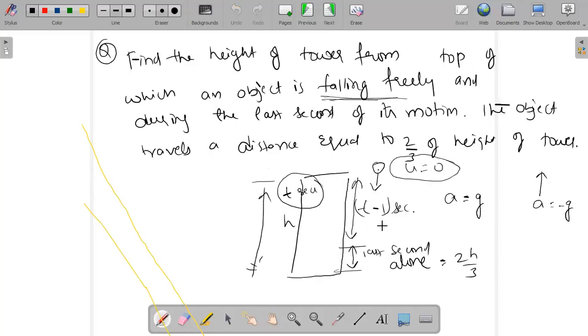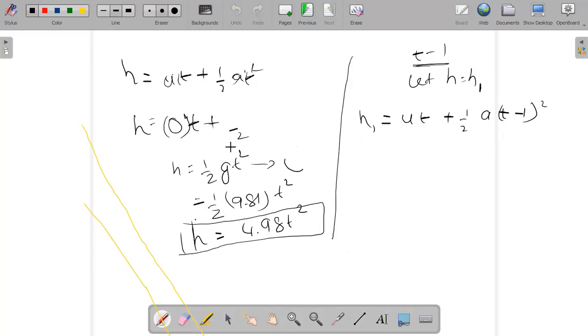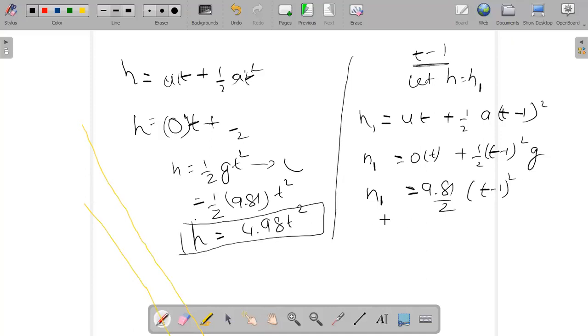Here also the initial velocity is 0, so 0 into t plus half into t minus 1 the whole square, where a is g. Therefore h1 is 9.81 divided by 2 times t minus 1 the whole square, that is, h1 is equal to 4.98 times t minus 1 whole square.